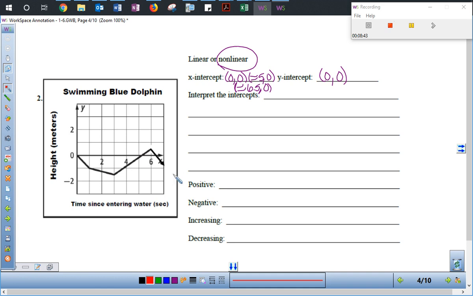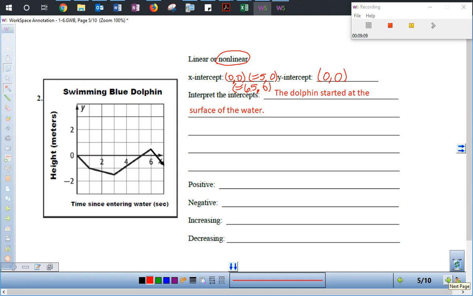I want you to describe what's happening just at the intercepts. So if I start with my first intercept, that is at time 0, and that is when the height is 0. So at that very point, the dolphin starts at the surface of the water, because this is where the water is. The dolphin starts at the surface of the water.